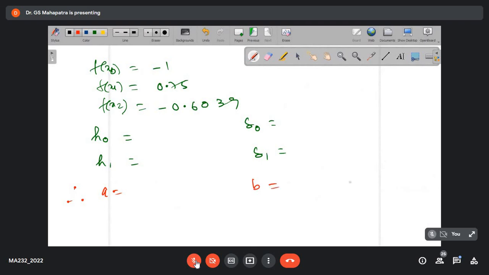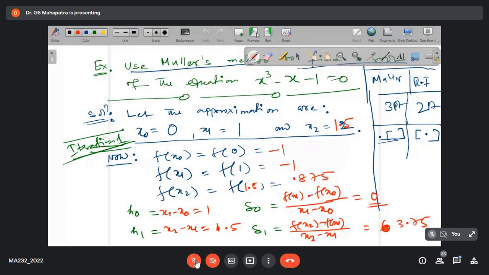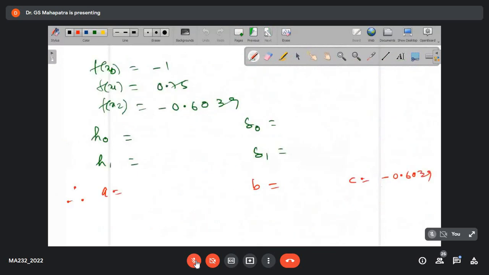B, C is known, minus 0.6039. What is h naught? 0.5.